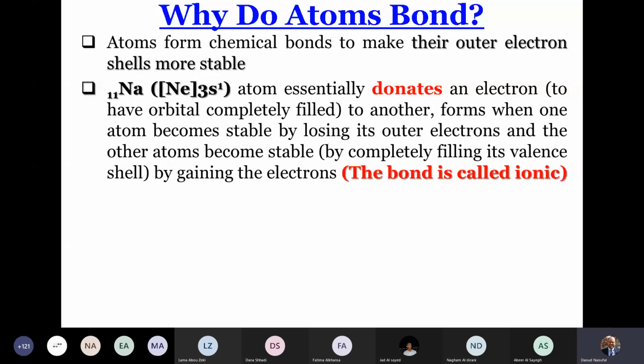The ionic bond is a bond between an atom that needs to release an electron to donate and another atom that needs to gain electrons. So this is a bond between a metal like Na and a non-metal like Cl.